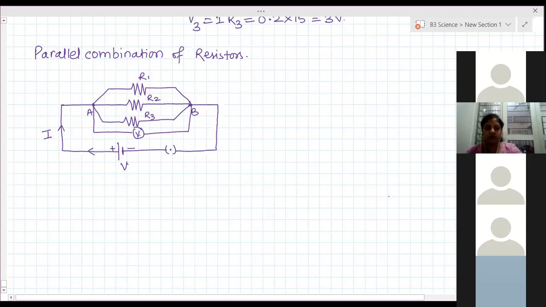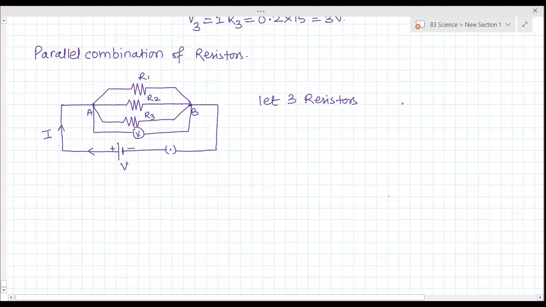Clear? Yes, ma'am. So let three resistors R1, R2 and R3 be connected in parallel.